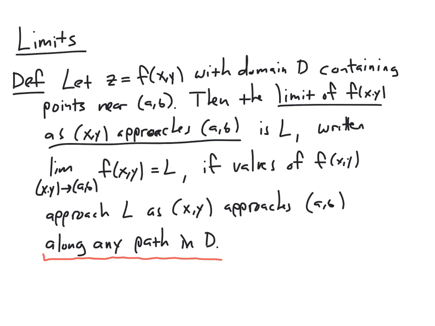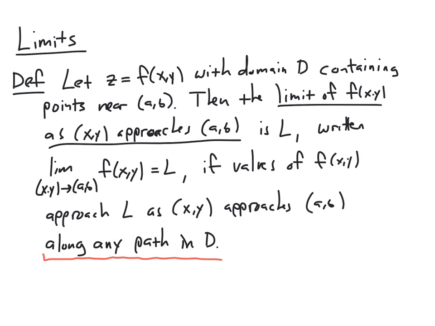When we're talking about limits of functions of one variable, say as x goes to 4, there's really only two ways you can approach 4 on the real line: from the left and from the right. So in Calculus 1, you have the right-hand and left-hand limits. And one of the first things you learn is that if the left-hand and right-hand limits both exist and are equal, then that value is equal to the two-sided limit.